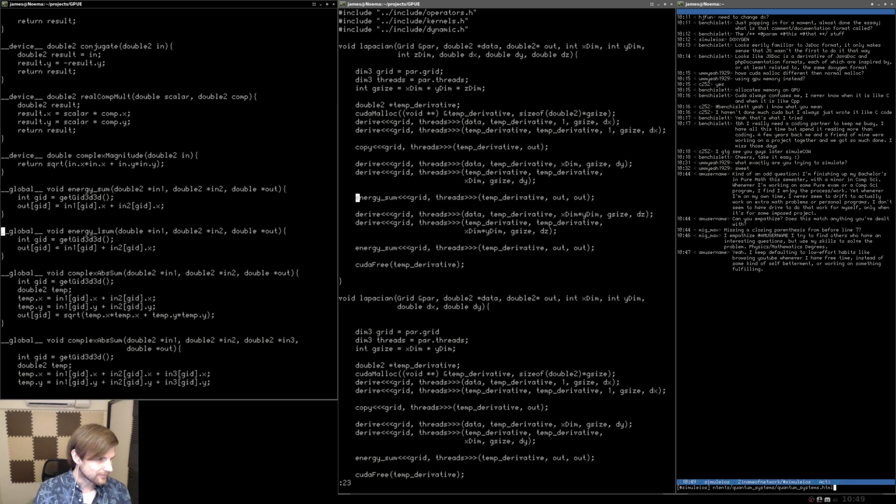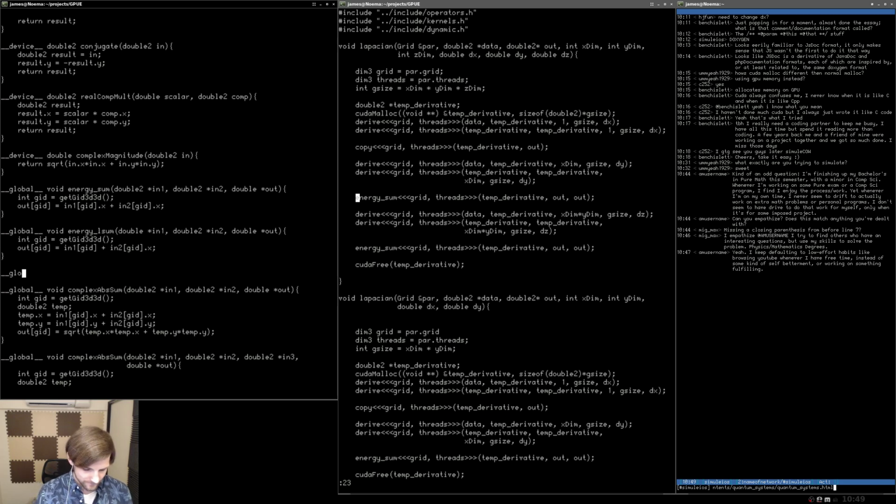I don't know where to put it exactly, but I put these guys here, so we're just going to do global, and we're just going to call it void sum, and it's going to take in a double 2 value. It's going to be in 1, double 2 star in 2, and then double 2 star out.